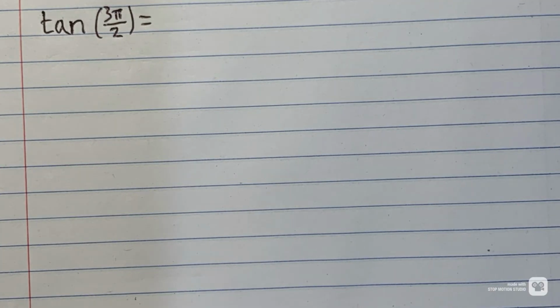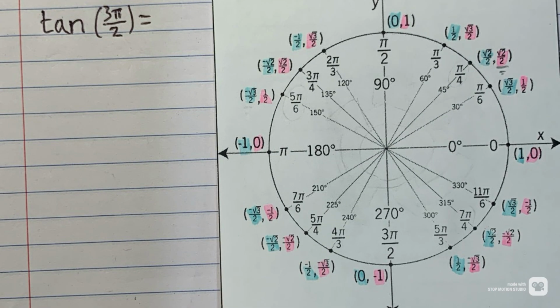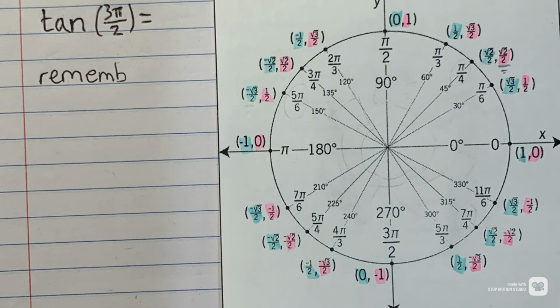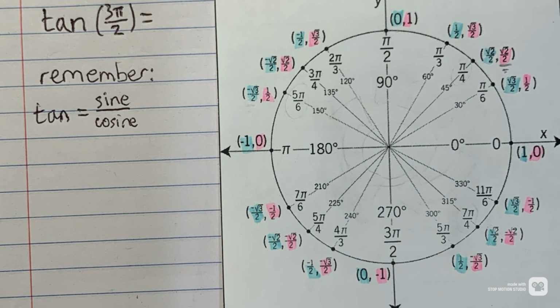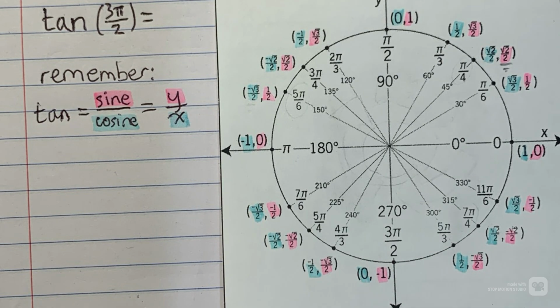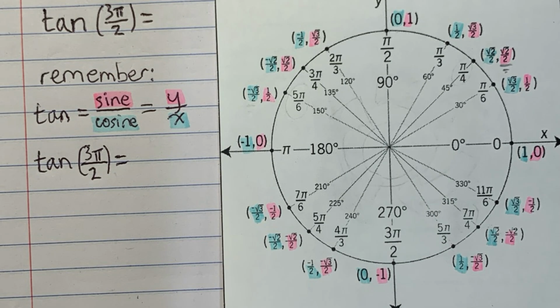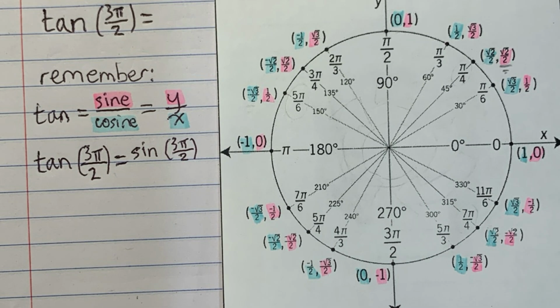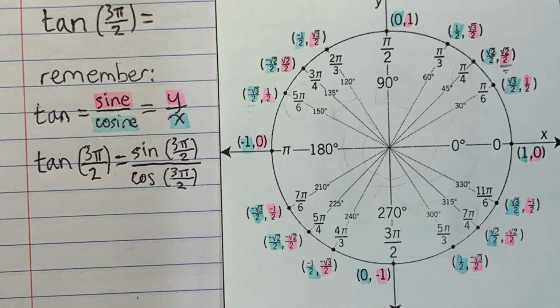Okay, let's try to evaluate another trig function. What is the tangent of 3 pi over 2 equal to? Well, we could use our unit circle, but tangent isn't on there. But remember that tangent is the same thing as sine over cosine, or y over x. This means that to find tangent of 3 pi over 2, you only need to find sine of 3 pi over 2 divided by cosine of 3 pi over 2.